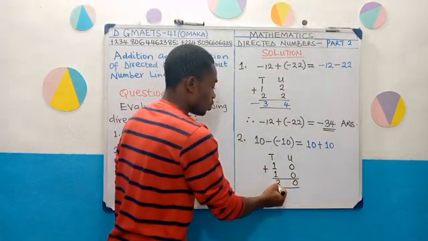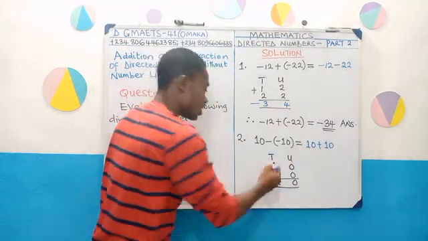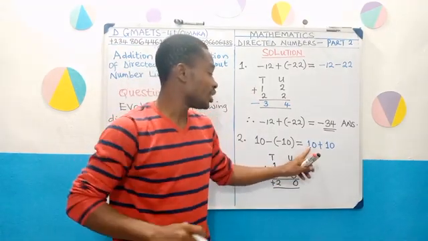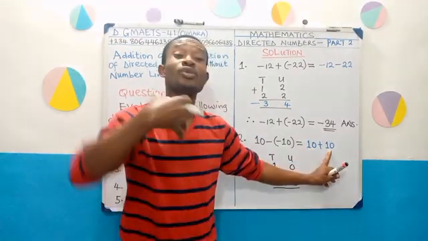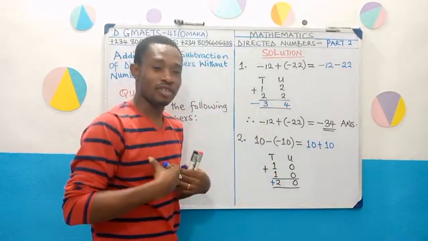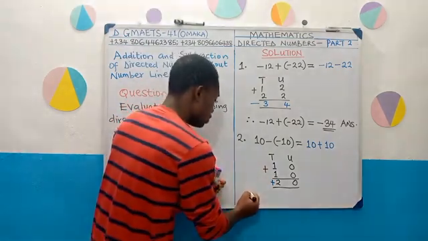Good. Now here, which sign will I pick? Remember that both of them has plus plus. So the sign that will go with the answer is plus. Because here, you are not owing anything. This 10, you have it. This 10, you also have it. They belong to you. You are not owing. So the final answer, you will also have it. And when you have, it is plus. So I will conclude.